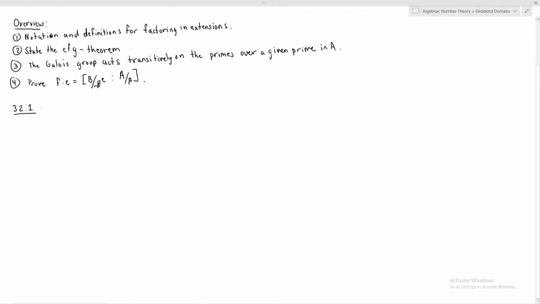I'm going to start with some general notation of how we actually write things down.